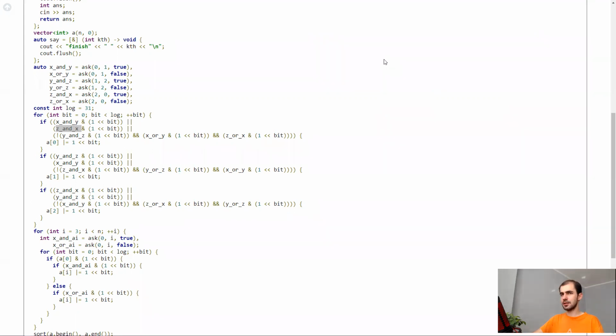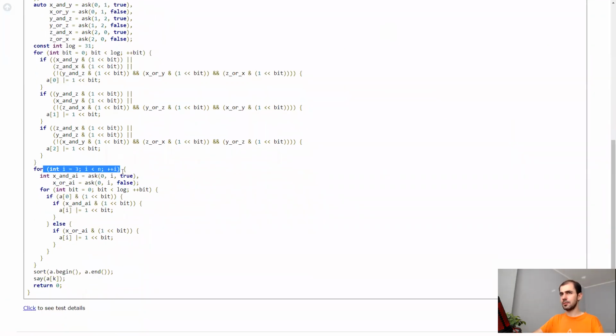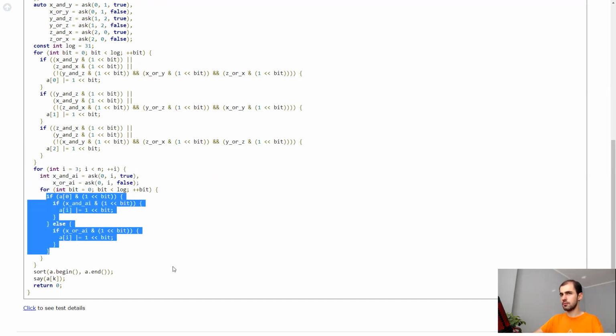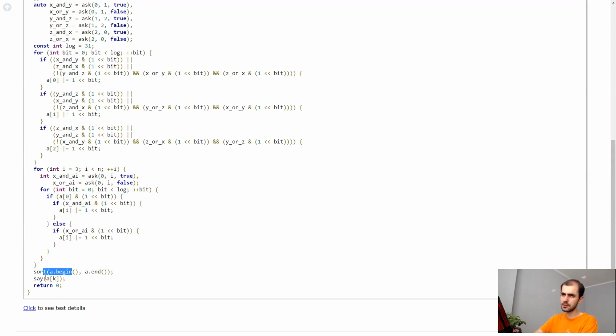After I did it, I just loop over all remaining numbers. I make two queries, X with AI, X or AI, and I restore all the bits by several if-else statements. And I print, then I sort, and then I print.